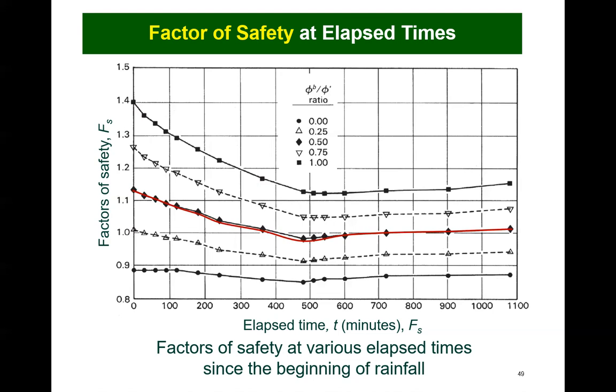This example illustrates how an unsaturated seepage analysis can be combined with a slope stability analysis to assist the geotechnical engineer in understanding how the magnitude and duration of rainfall affect the stability of a slope.